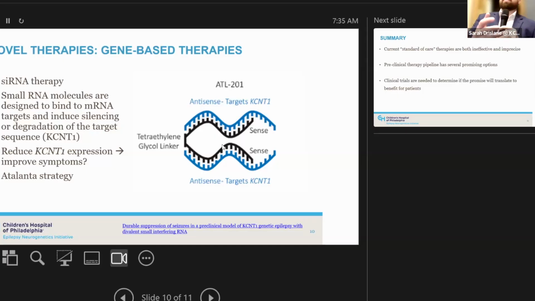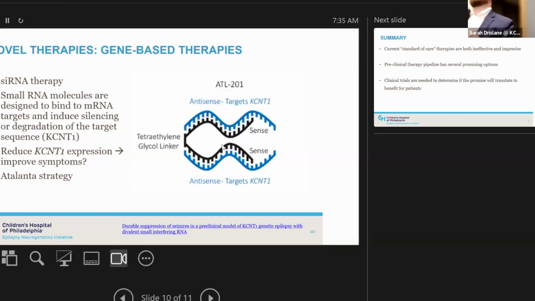So it's a slightly different genetic strategy with the same end result, right? You're making less protein, so you have fewer overactive channels and therefore hopefully more normal electrical signaling.